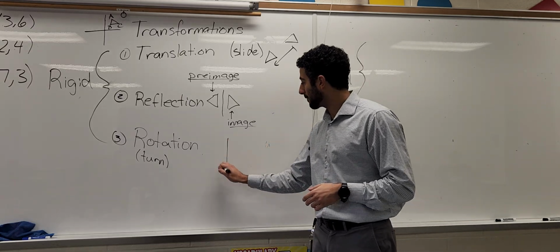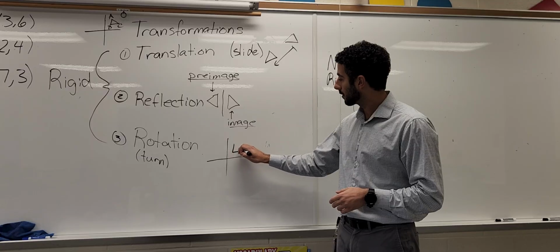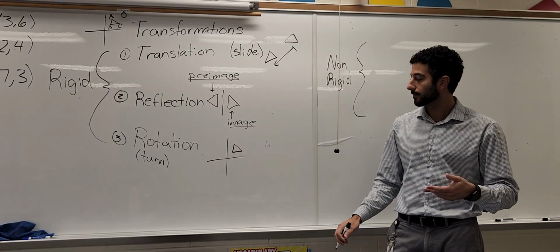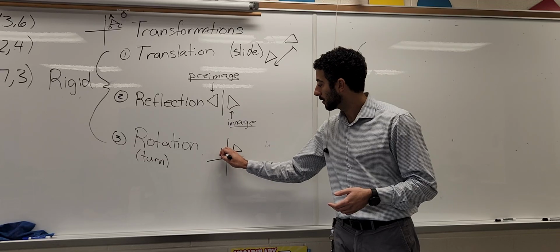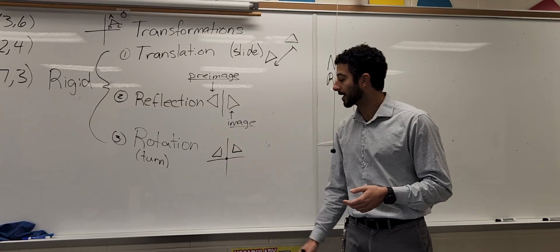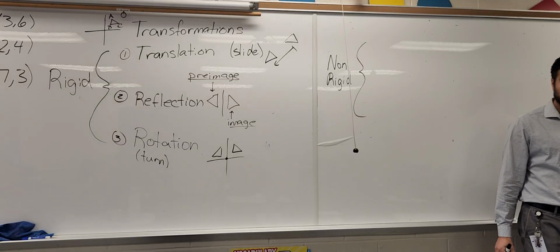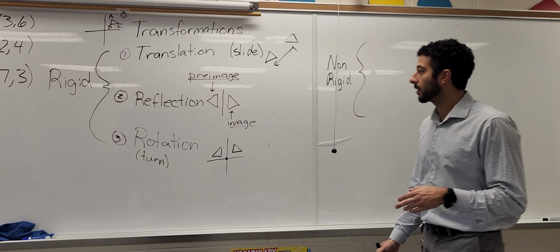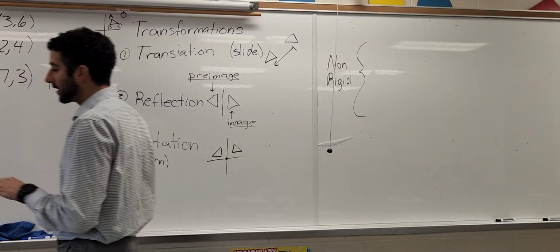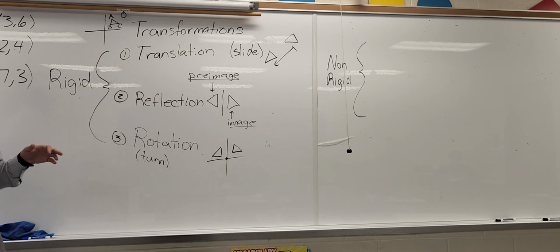In this example, let's imagine I have this triangle here, and I want to rotate it 90 degrees around the origin. It'll look like that. See that? I just rotated it around the origin. We'll take a look at all of these different things more deeply, but the one I'm concerned with today is translation.